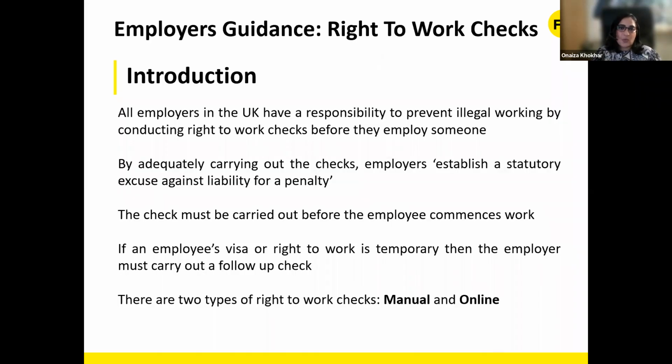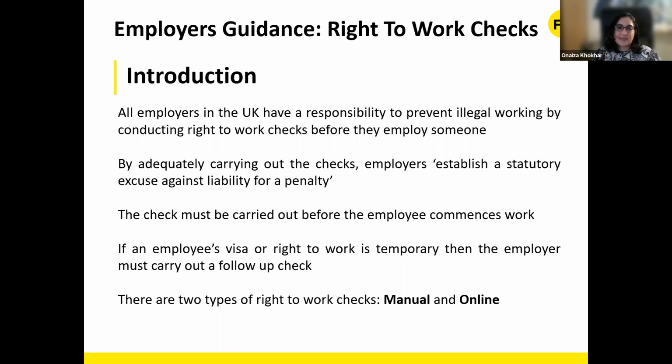So like I said, all UK employers have a responsibility to prevent illegal working. You do this by conducting right to work checks before you employ someone in order to make sure that the individual is not disqualified from carrying out the work in question by reason of their immigration status. By adequately carrying out the checks, employers avoid being liable for civil penalty.